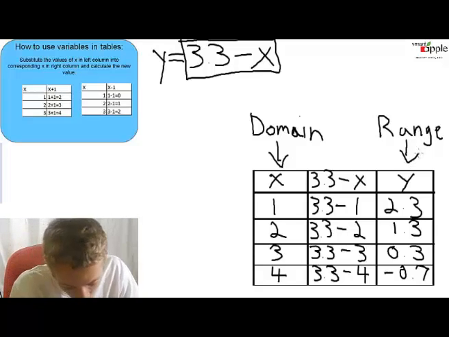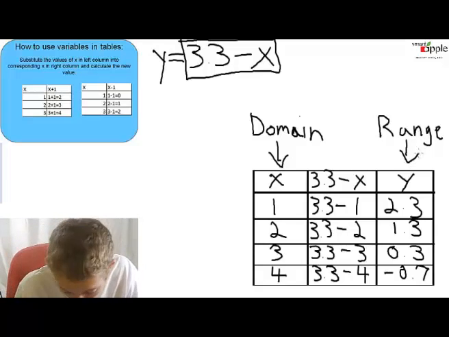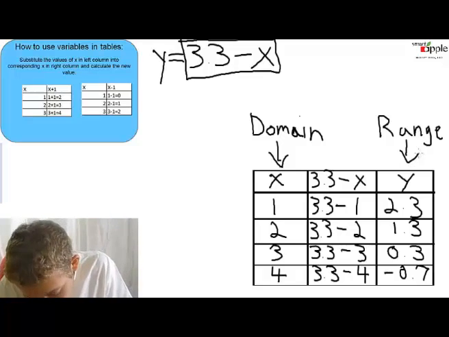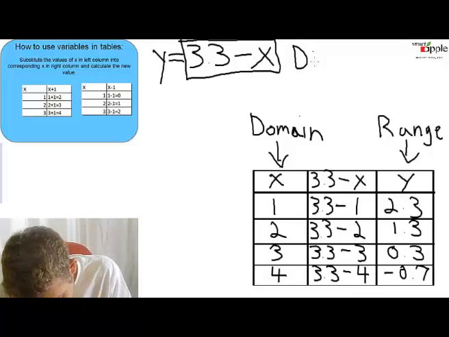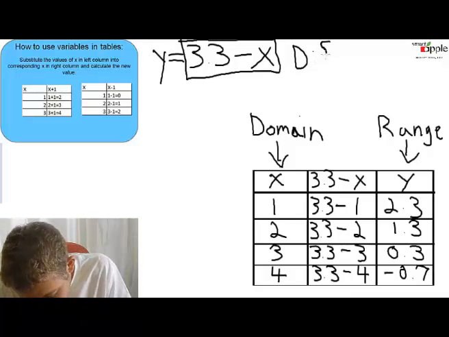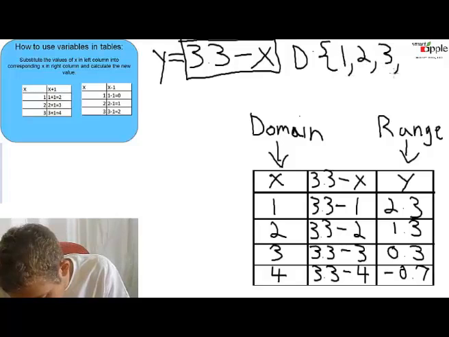So all you have to do is input the numbers you got in the table. For the domain, I put a D colon, so we don't write domain, it's just D for short. Then you do the little brackets, and we have 1, 2, 3, and 4.